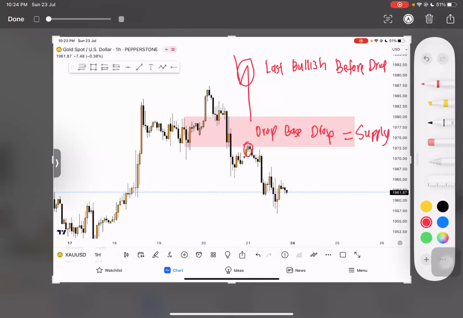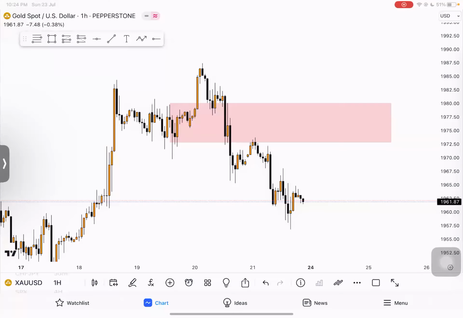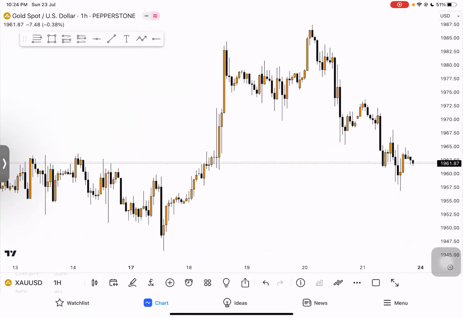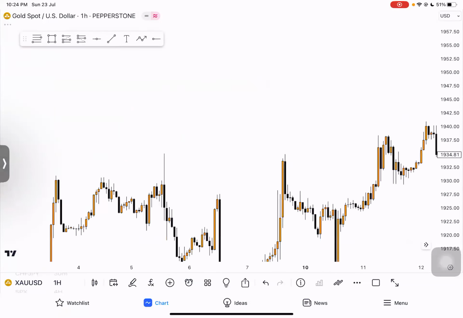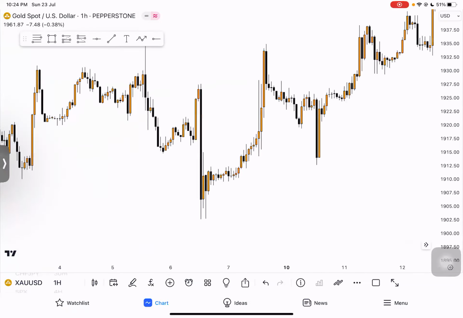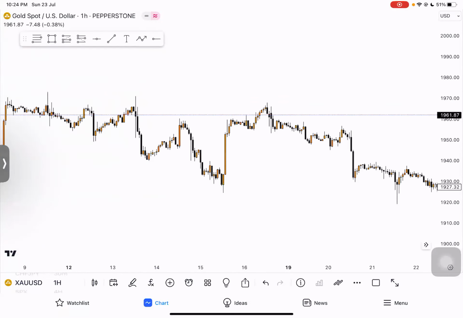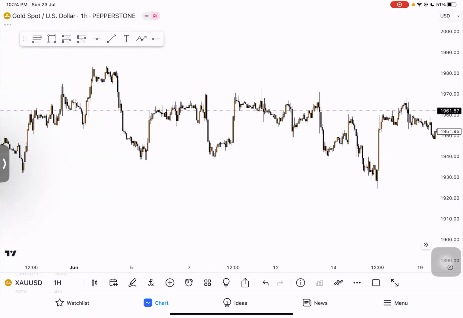And for the rally base drop, how can you enter? Let me show you first. Rally base drop, let me find an example. Okay, here.